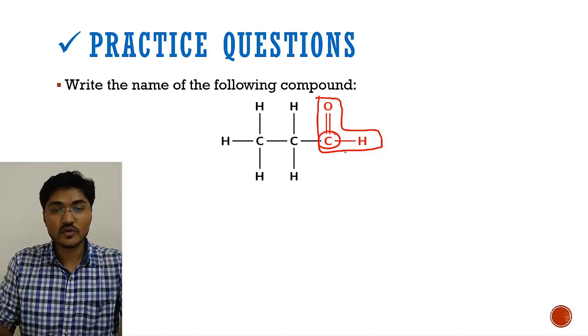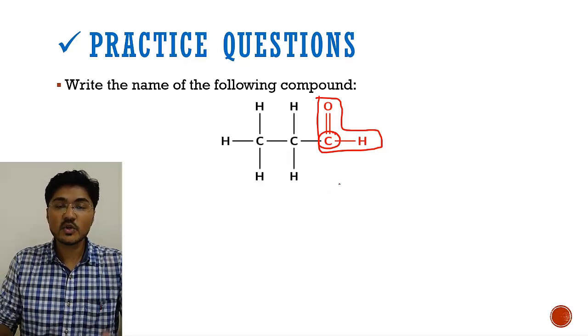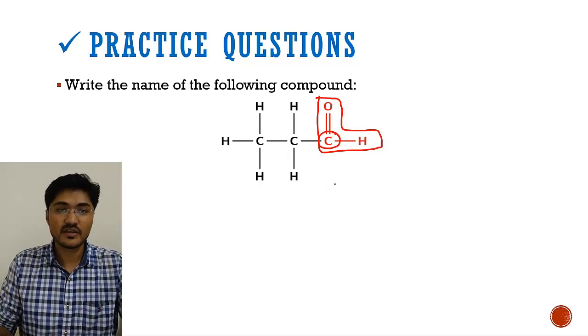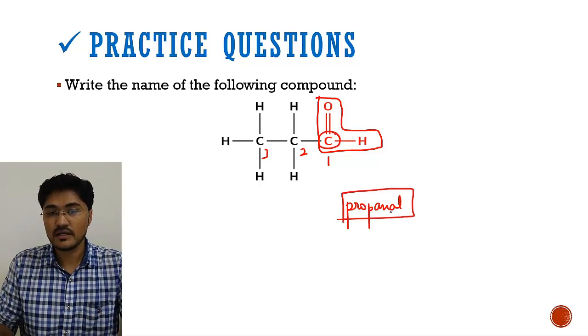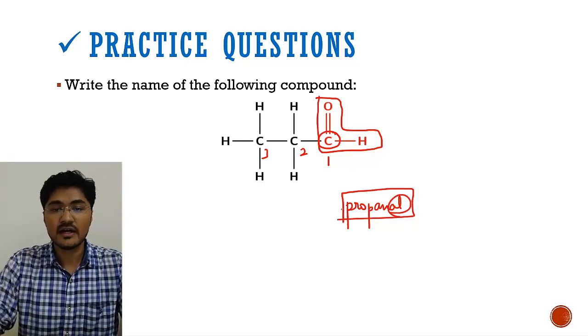Now that we know this, we need not denote the number of carbon. So we can start with 1, 2, 3. We have 3 carbons, so it becomes propanal. Al is the functional group of aldehydes.